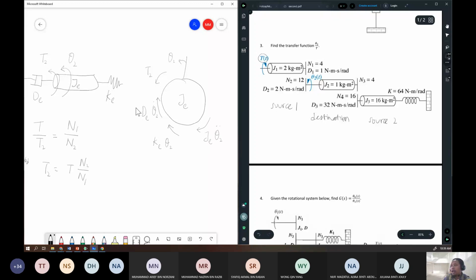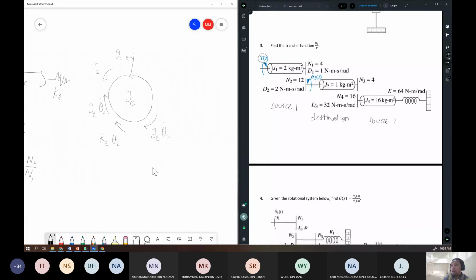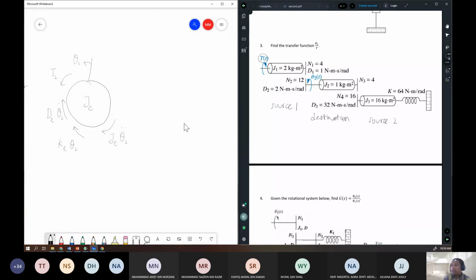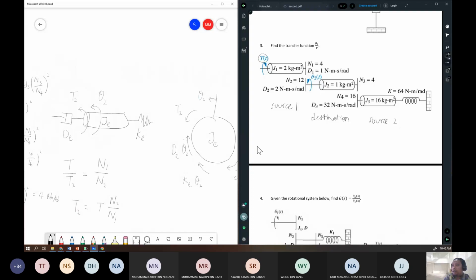You don't have to consider the effect of J1 and J3 because they have been transferred to the middle shaft already. So it's a 1 degree of freedom system. From this free body diagram, you can write the equation of motion. Then you can substitute all of the values that you have calculated.